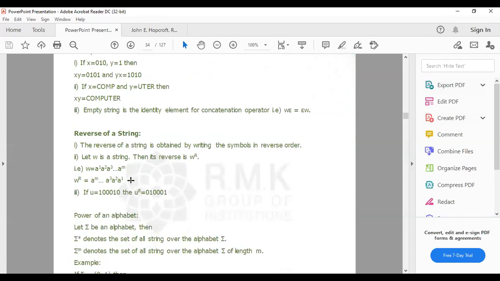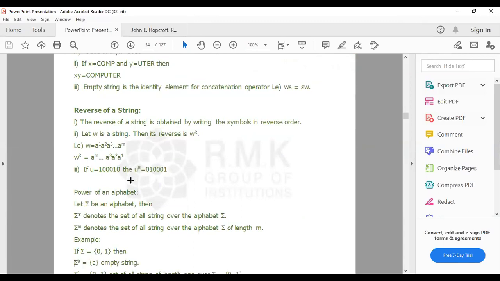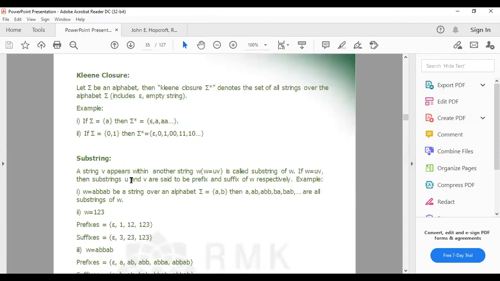Reverse of a string, power of an alphabet. This concept only I have missed, that is Kleene closure. I forgot that one. Kleene closure is one of the operations in automata. Here, Kleene closure is where we derive the strings.